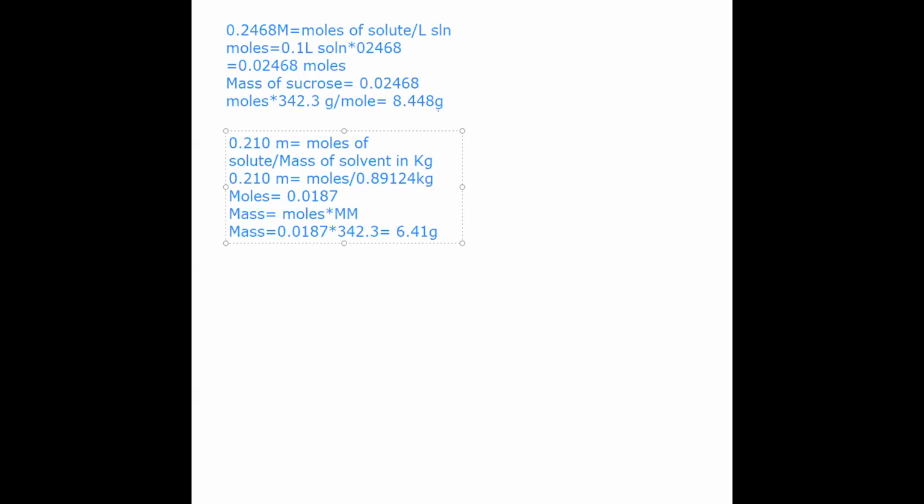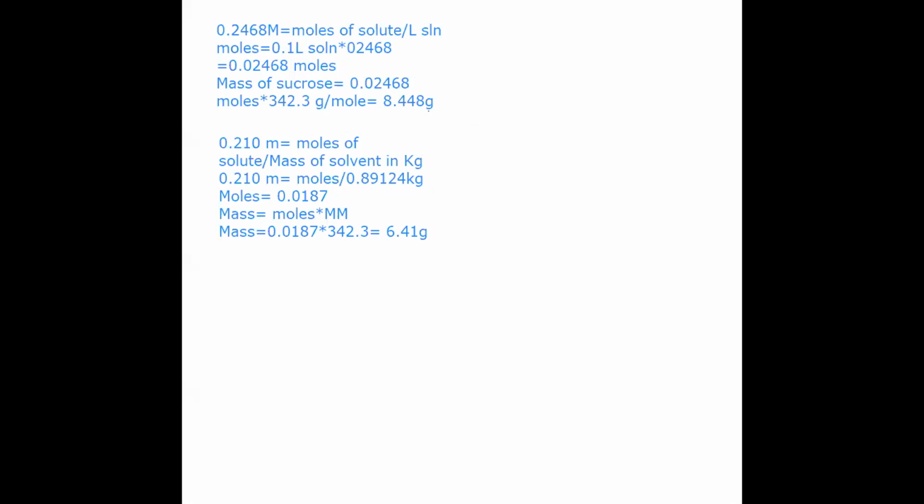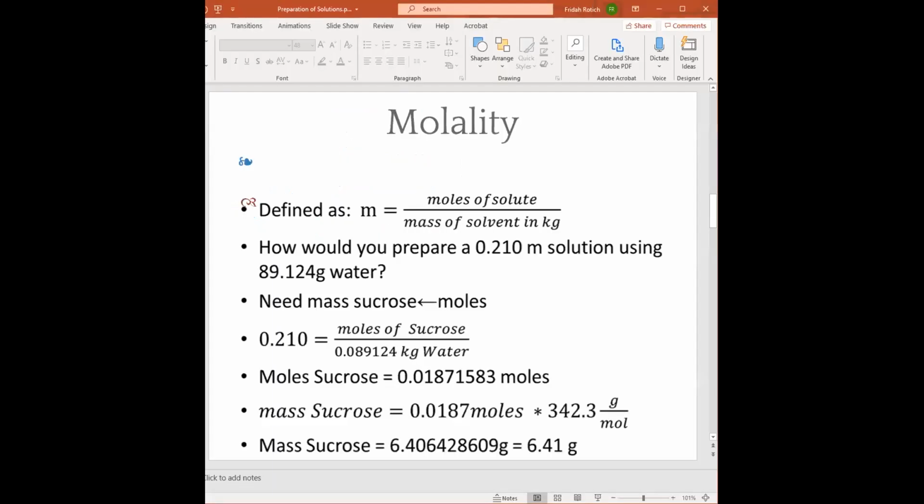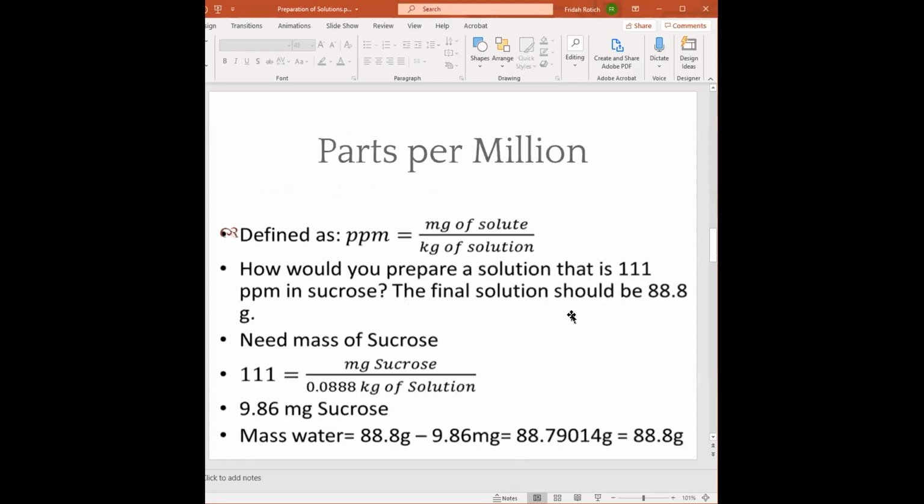All right, so we will go to the next unit of measurement, which is parts per million. As you can see here, the definition of parts per million is milligram of solute divided by kilogram of solution.